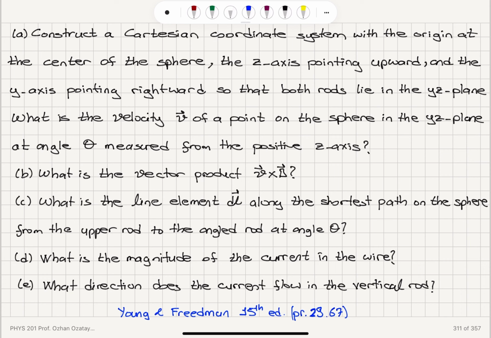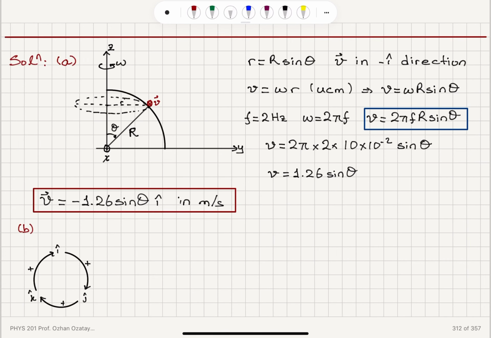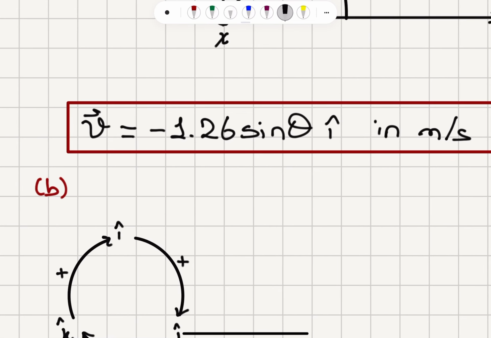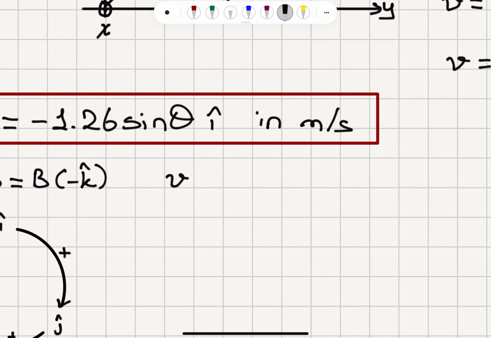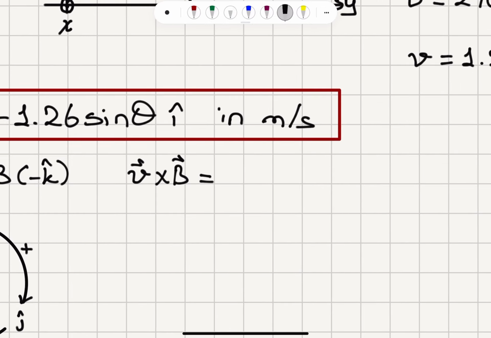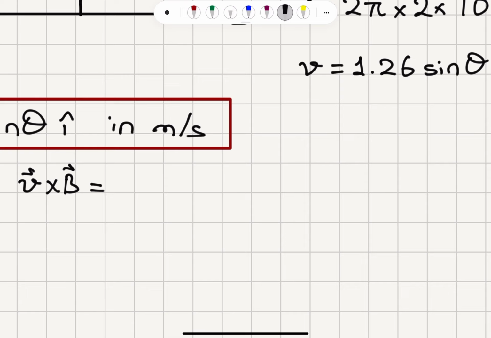Part B, what is the vector product v cross B? Okay, now we have a magnetic field B which is in the minus k hat direction, and v cross B then will be equal to minus 1.26 sine theta i hat cross with minus B in k hat direction.